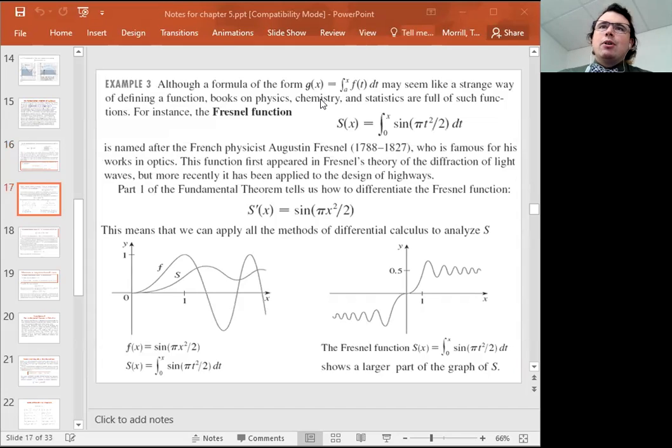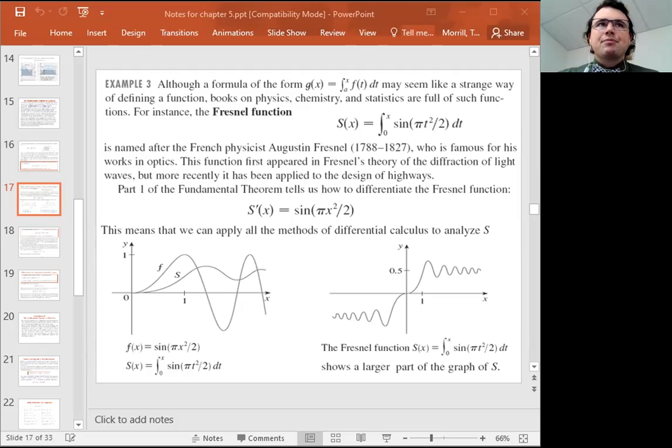Now, it might seem a little hokey to even work with these area functions, but depending on what your major is, they actually do come up in a lot of different circumstances. Lots of important functions come to us not with a nice clean formula, but with something involving integrals.